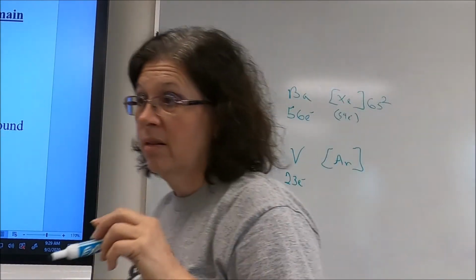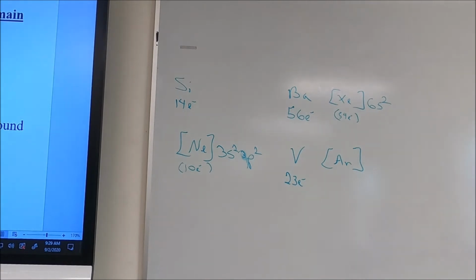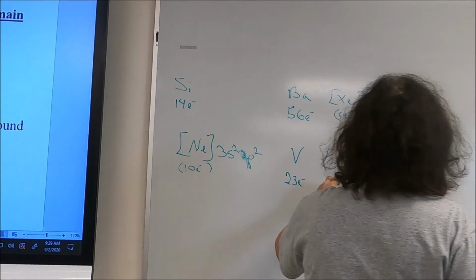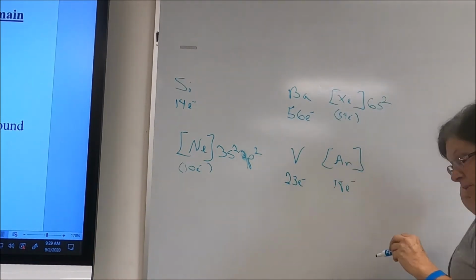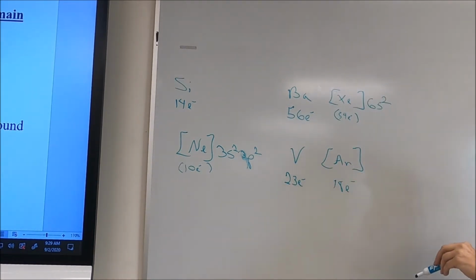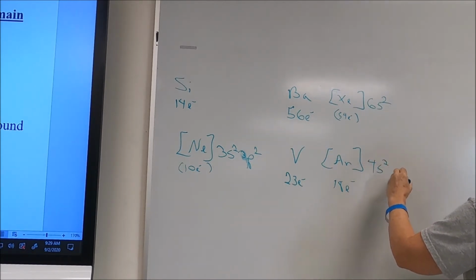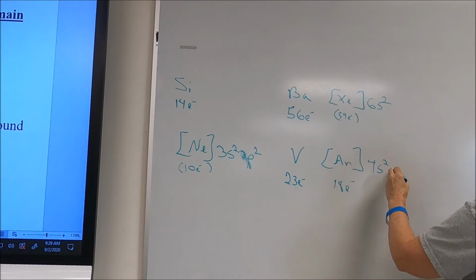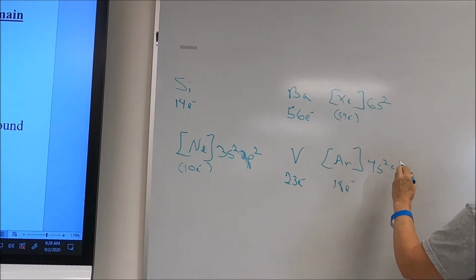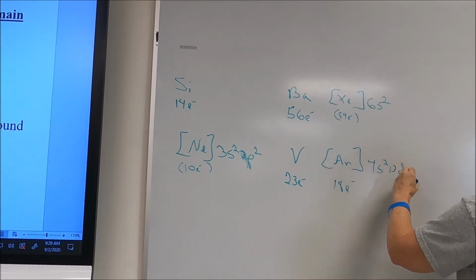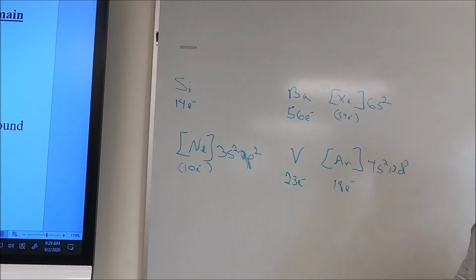Argon has 18 electrons. Now, vanadium is on row 4. So 4s2, okay, that brings me to 20. And after 4s is 3d, and it's going to have 3. 4s2, 3d3. If you count over, vanadium is 3 in the D block.